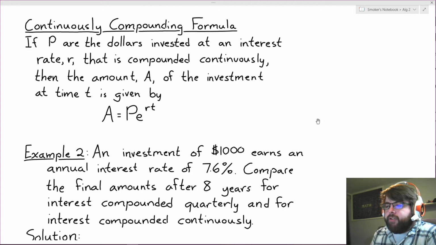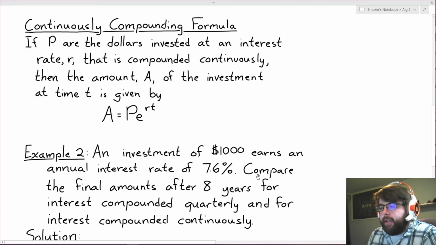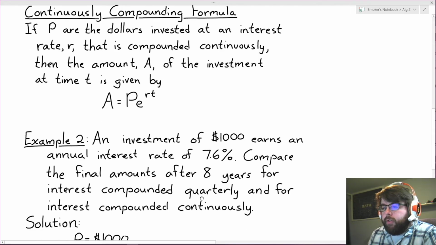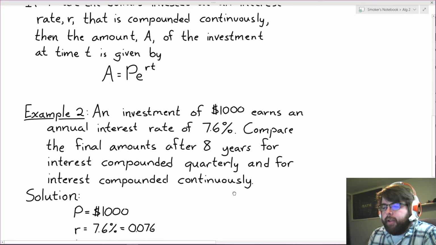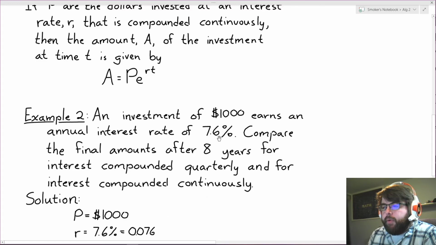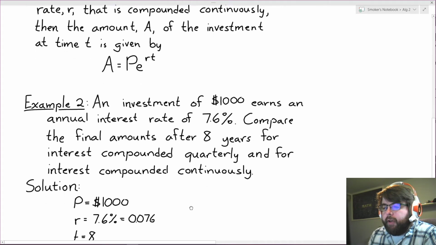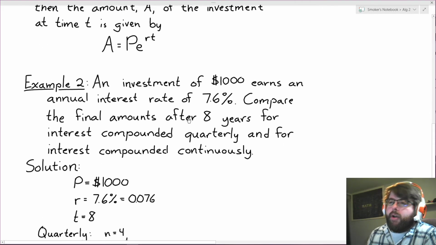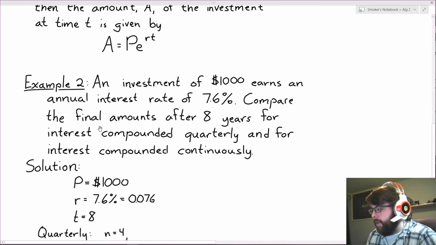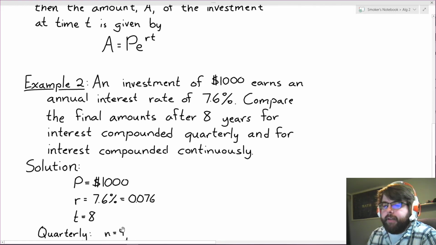and the interest rate is 7.6%, and we're going to invest it for 8 years. We're going to first compound it quarterly and then compound it continuously. Remember to change 7.6 into decimal form, move it over twice. Our principal is 1,000. Our time is 8 years. To do this quarterly, we're going back to the compounding interest formula that I used at the beginning.